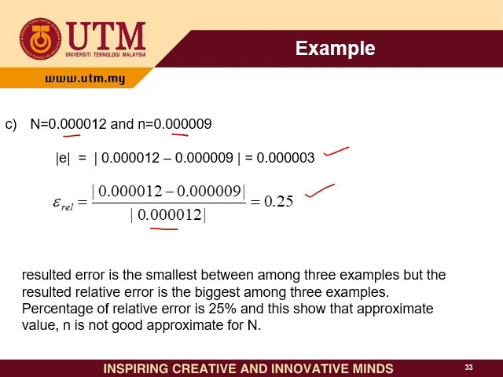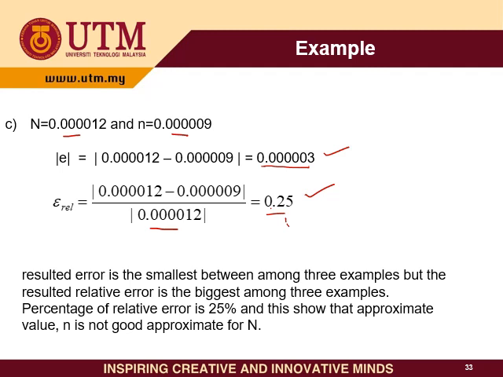Okay, if you see, the resultant error is the smallest among the 3 examples. If you compare with the other 2, it is very small. But the resultant relative error is the biggest among the 3. The percentage of relative error is 25%, 0.25, so 25%.